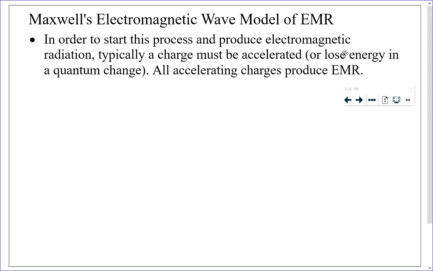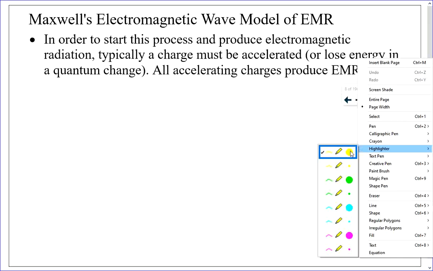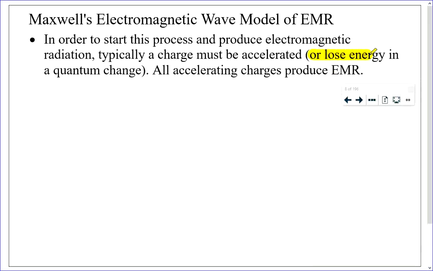I've got in brackets here, we can either have a charge being accelerated, or you can have a charged particle lose energy in what's called a quantum change. And later on in the course, we learned about electron transitions in atoms and how they produce visible light, ultraviolet radiation, and infrared radiation. That's what I'm talking about.